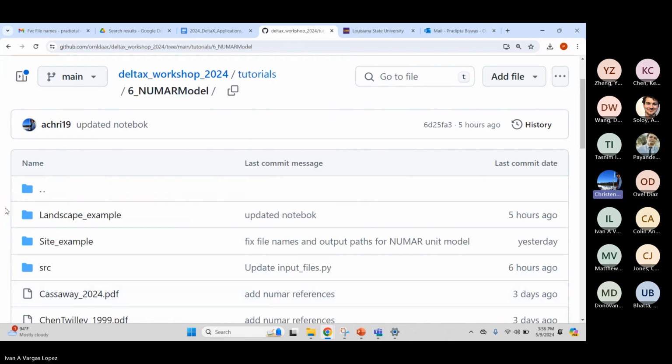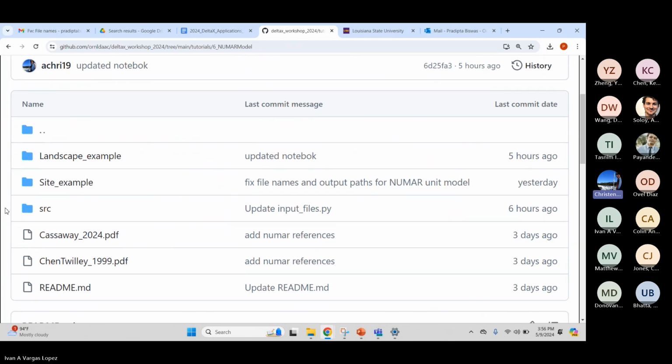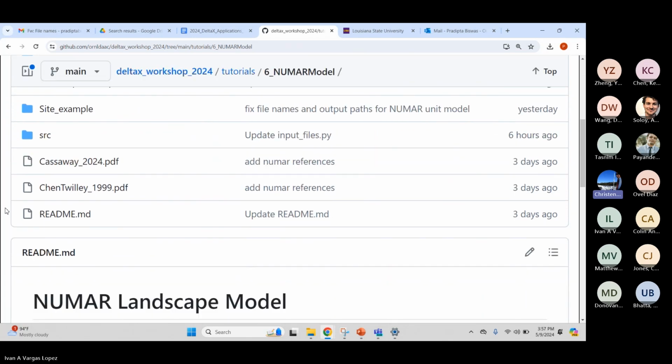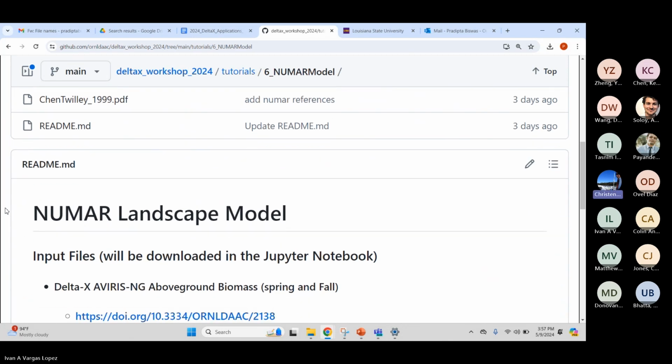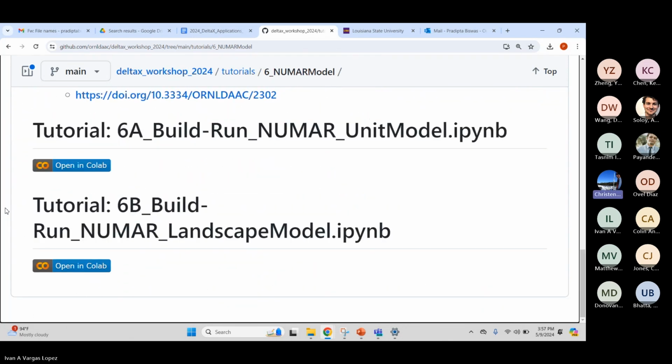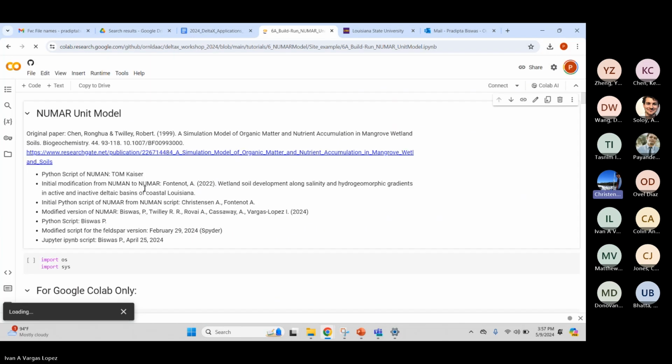We've also included the two relevant references here, the one from 1999 and the one that just came out in 2024, for your reference. If you scroll down, you will see tutorial 6, build around NUMAR unit model. You have to click open in Colab.